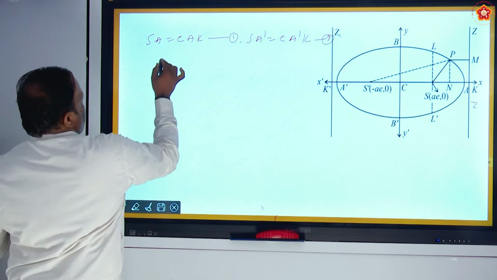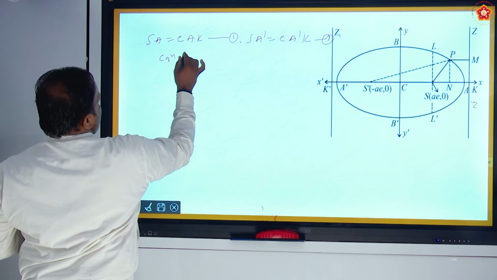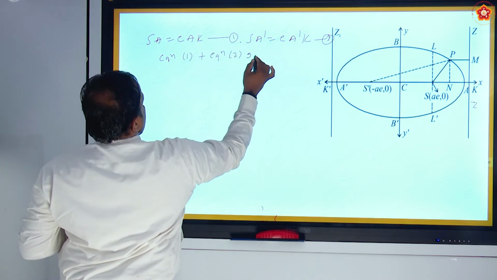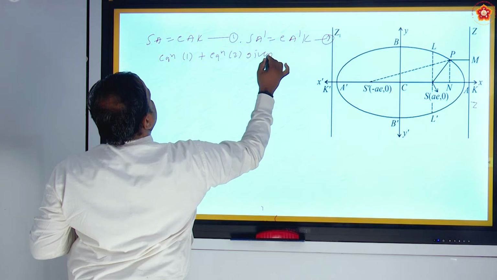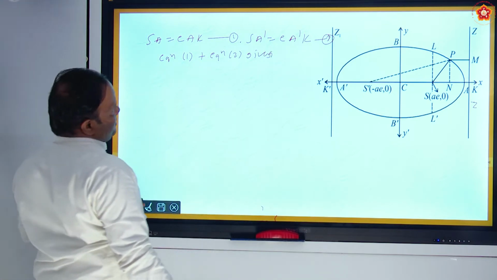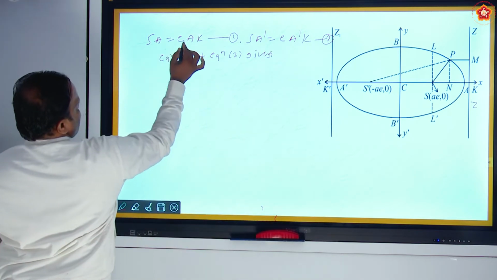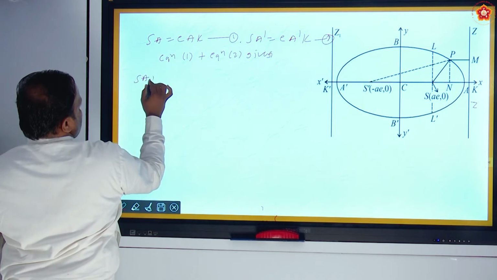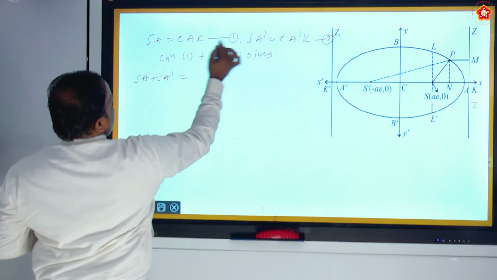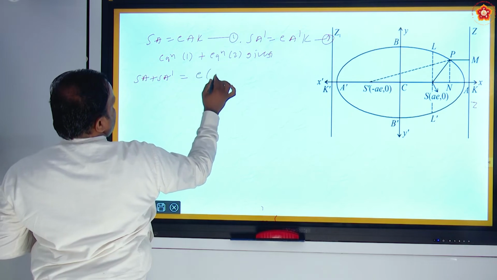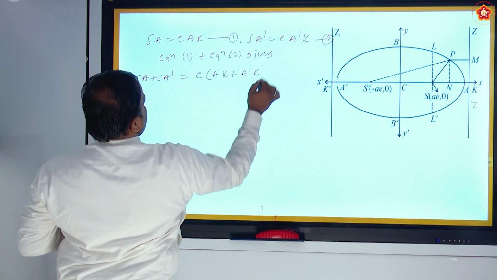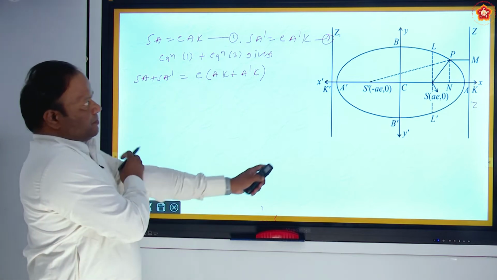Now add equation number 1 and equation number 2. Adding the LHS, we get SA plus SA dash. On the RHS, E is common, so we get E times AK plus A dash K. Observe the figure.